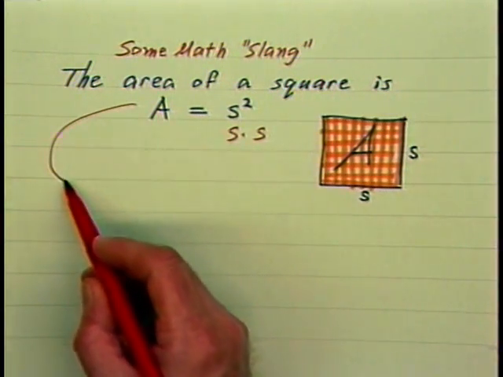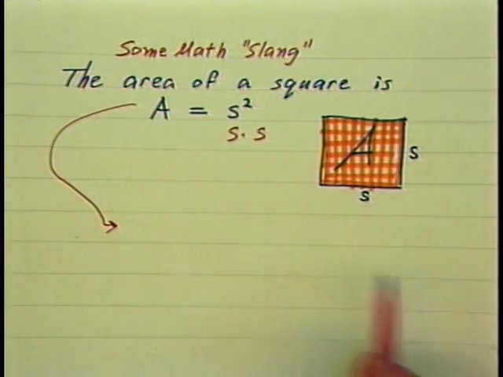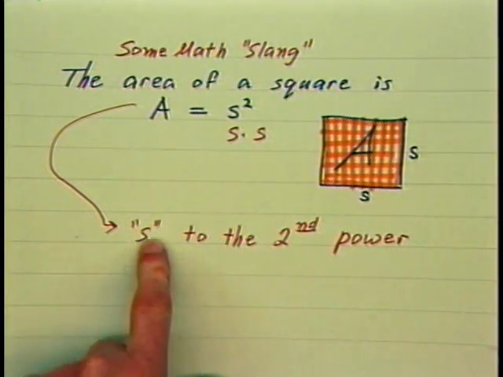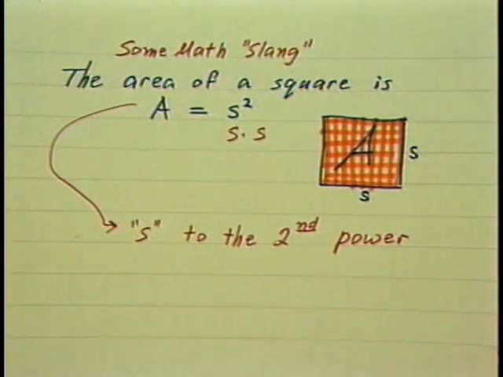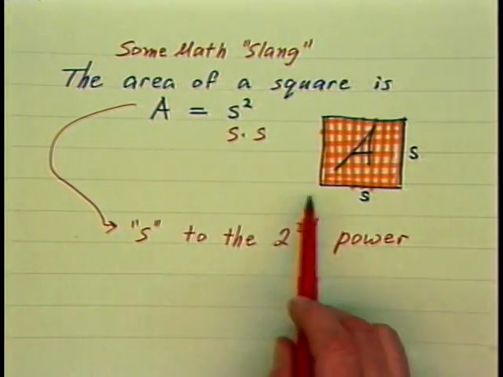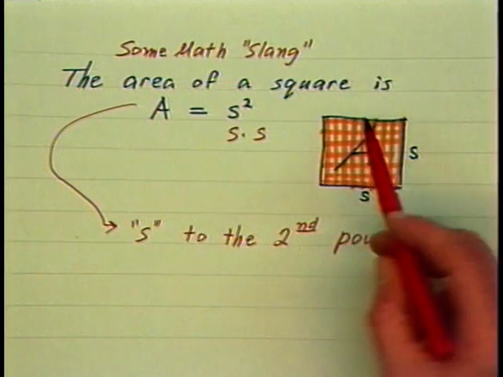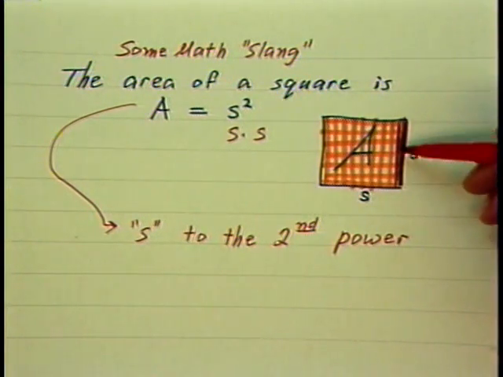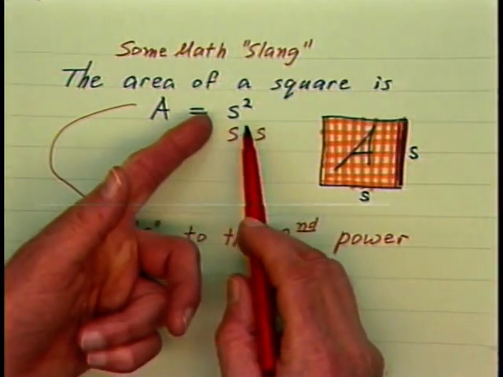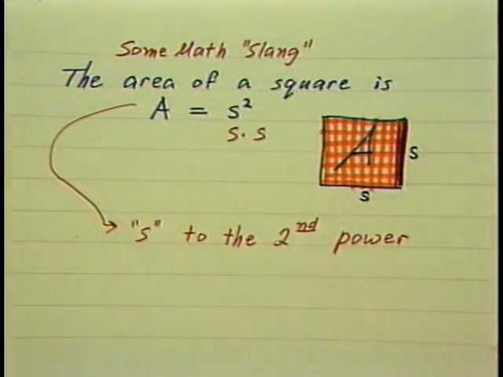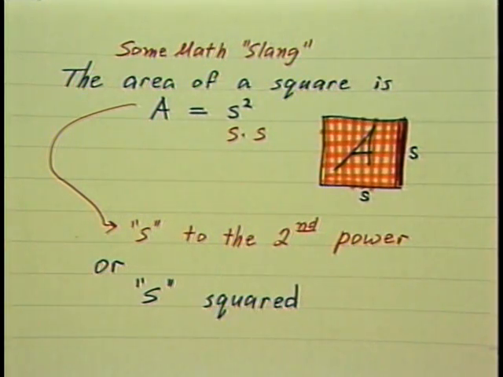This we have learned to read as of this lesson so far as s, whatever number it stands for, to the second power. But since originally we took a number times itself in order to compute the area of a square by actually just measuring the length of a side alone, we have verbalized this instead of s to the second power as the phrase s squared.